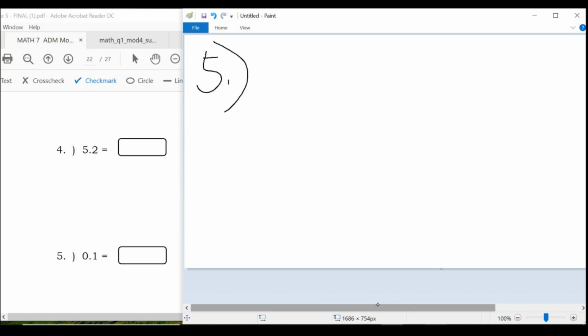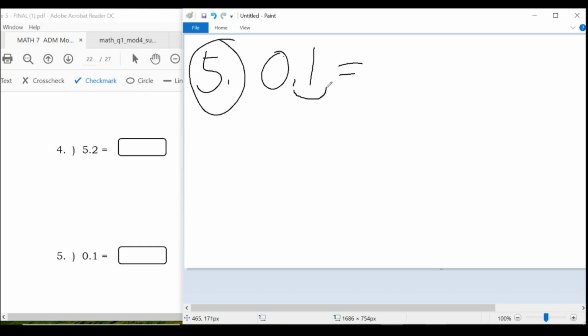So we have 0.1. So mixed fraction, improper fraction, or proper fraction? Proper fraction. Kasi less than 1 po ang value ng 0.1. Diretso na po tayo sa proseso. Pag i-move natin yan to this place para ma-whole number si 0.1 maging 1, that's times 10.